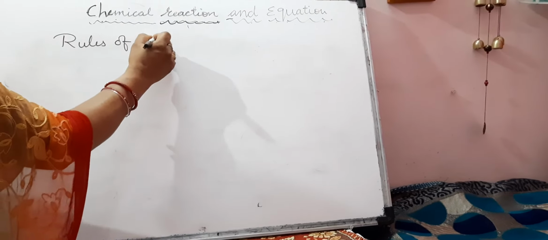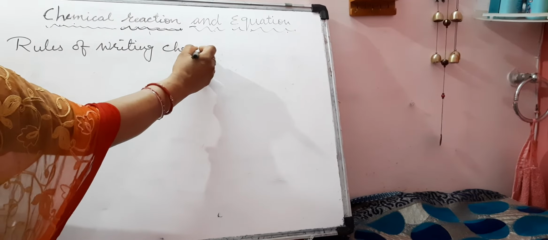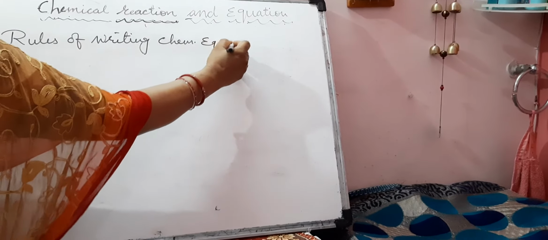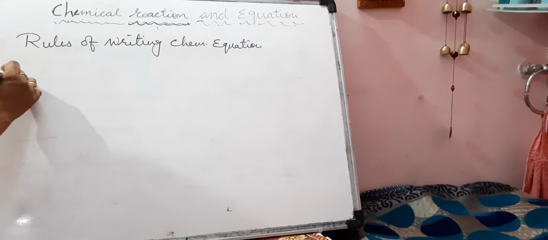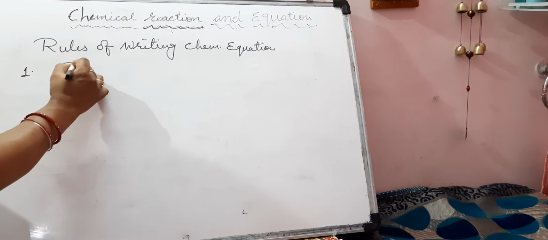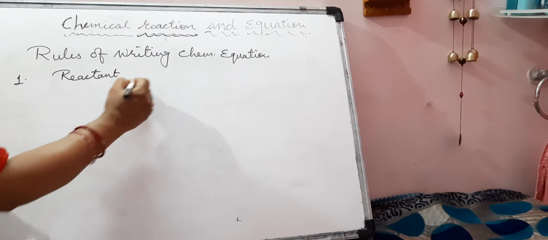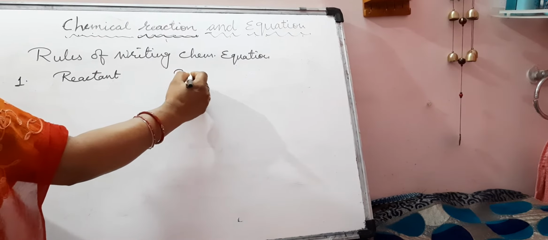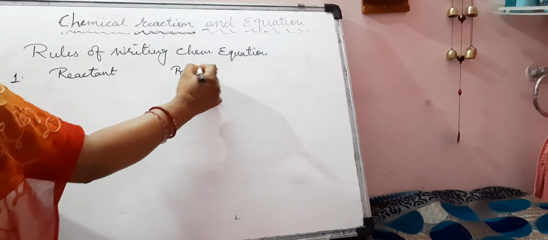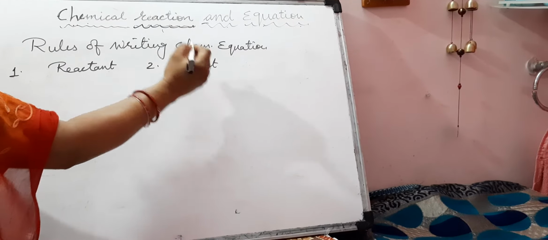Rules of writing chemical equation. First of all, I am telling you that chemical equation consists of two parts. One is reactant and another is product.